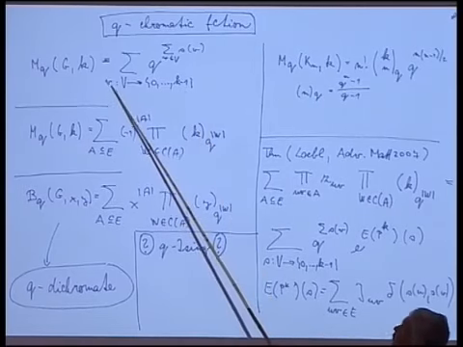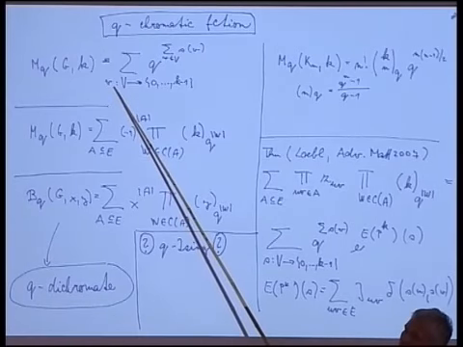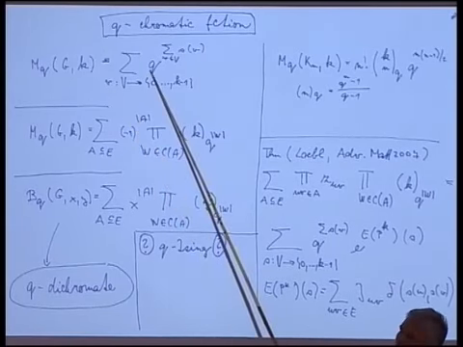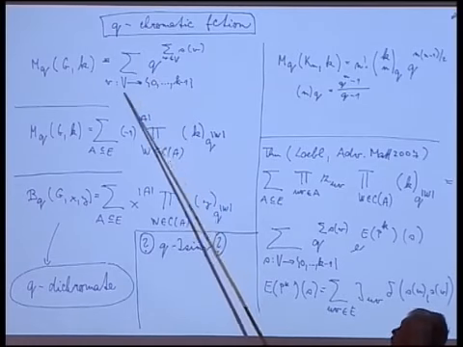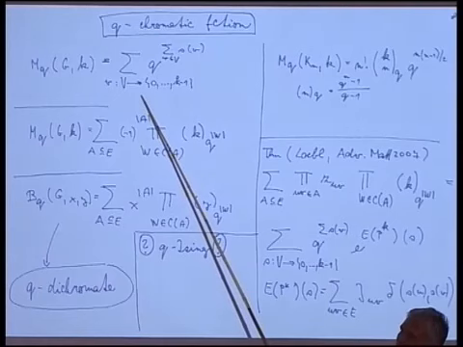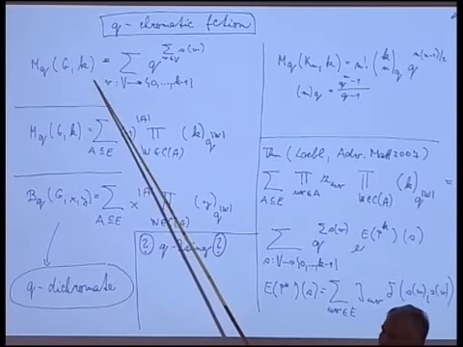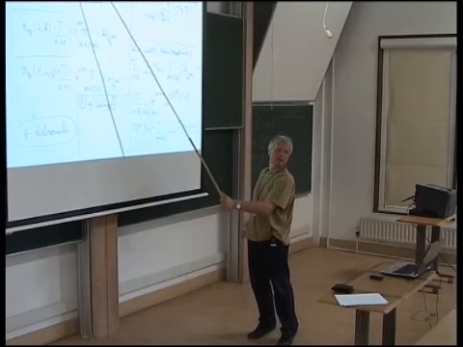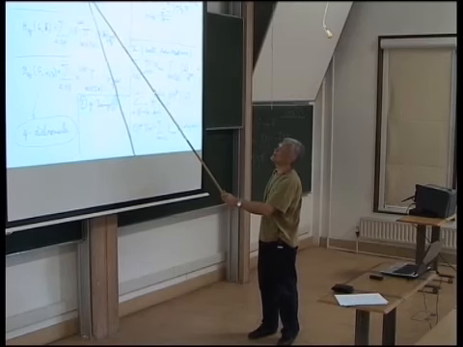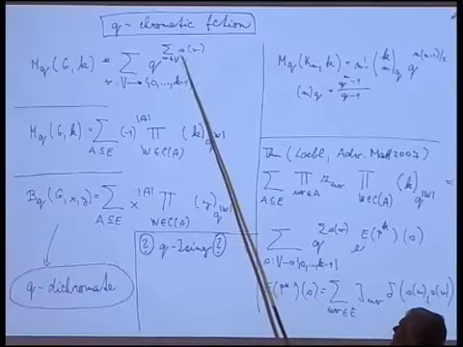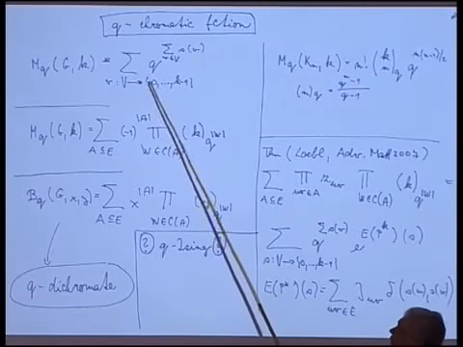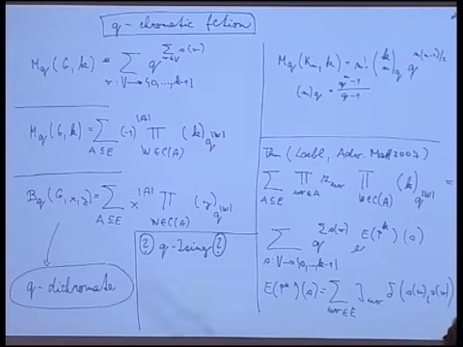So if Q is 1, I take the sum over proper colorings of 1, which is just the number of proper colorings of graph G by k colors, which is the chromatic polynomial, right? But here, instead of 1, I take Q to a power, and colors matter. The colors are from 0 to k minus 1.